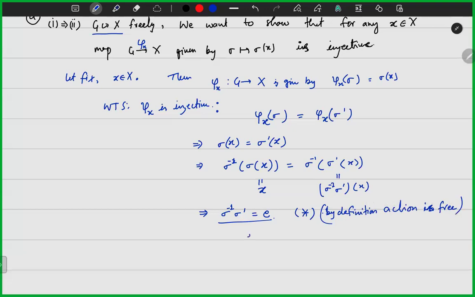So this implies sigma is equal to sigma prime. Done, so psi is one-one.